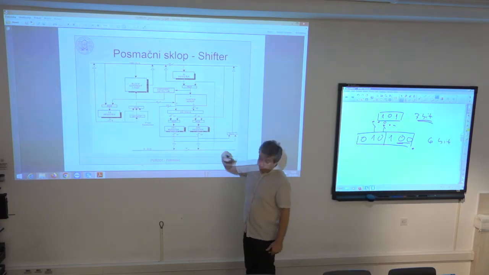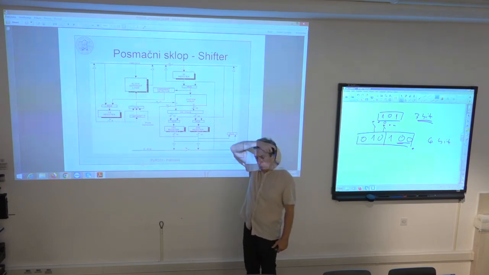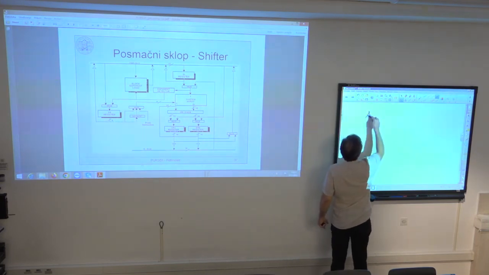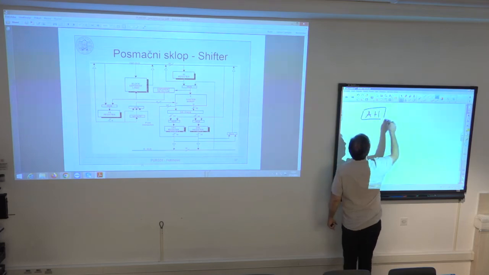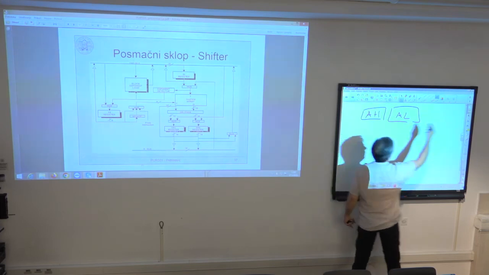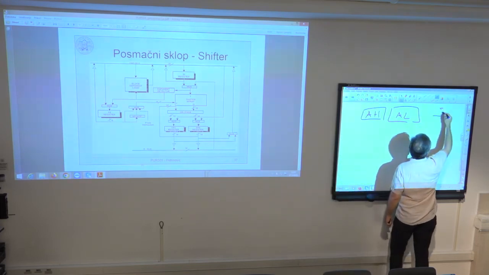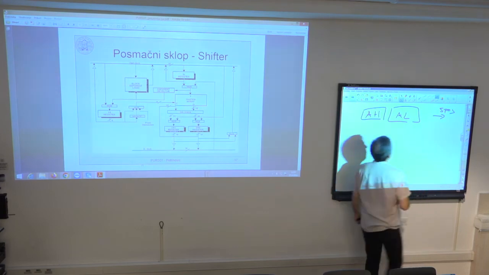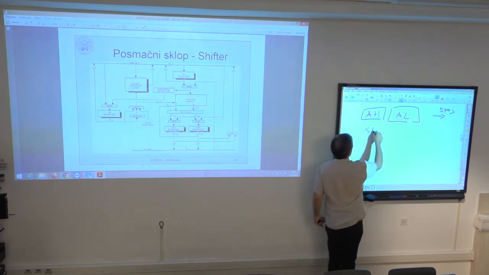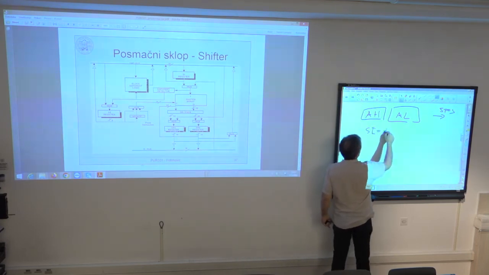Then, for example, if I want to do double word shifting, how would I do this? I have a 32-bit value, A high and A low. And I want to shift it to the right by 5 positions. Then, in this case, I would take, for example, first the higher word, shifter input is equal to AH.